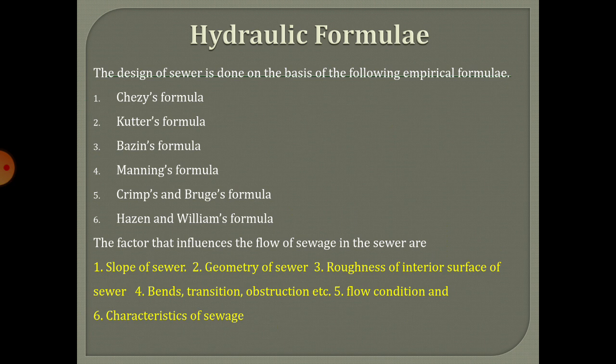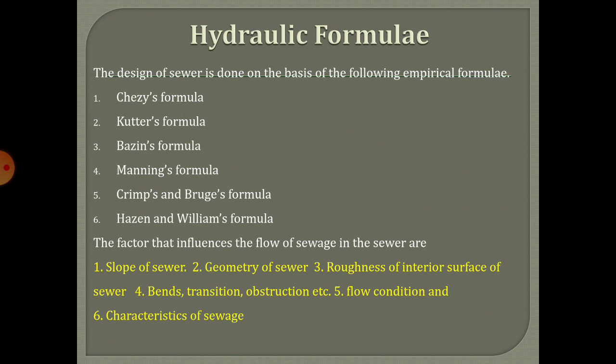So, slope of the sewer is a governing parameter, then geometry, as I said, circular, parabolic, rectangular and all, and the circular pipe is the most suitable section for the sewer design. Then roughness of the interior surface: how rough or plain the interior surface of the sewer is.